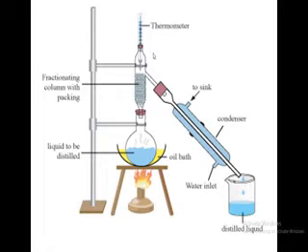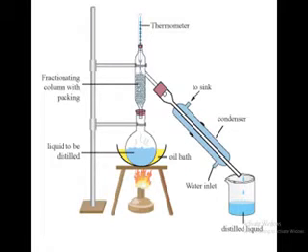Okay, let me first explain the function of these three components. This round bottom flask contains the liquid to be distilled; it acts as a container. This is a fractionating column, and it is attached to this round bottom flask at the bottom and the thermometer at the top. The bulb of the thermometer should be kept very close to the mouth of the condenser, the opening where the condenser is attached.